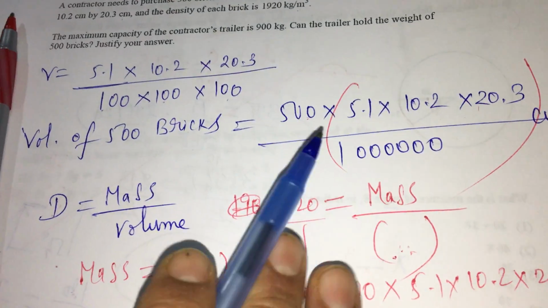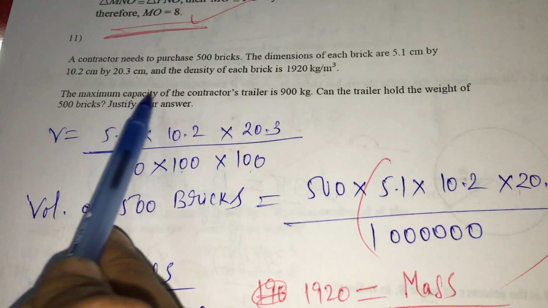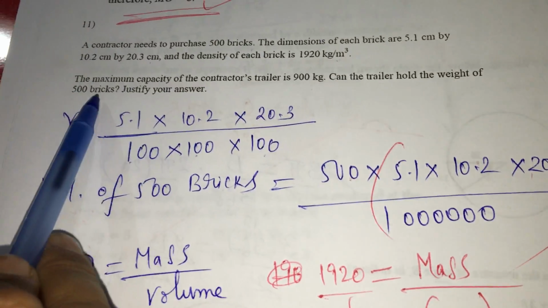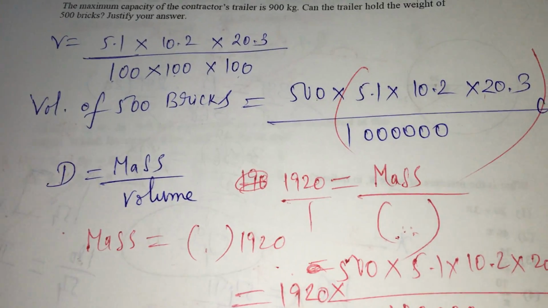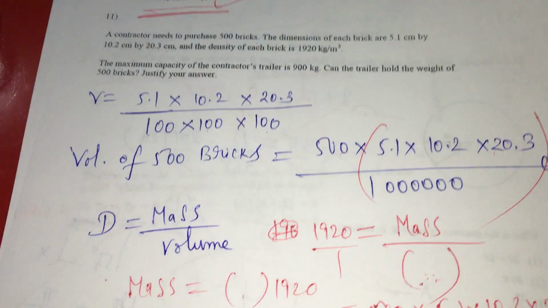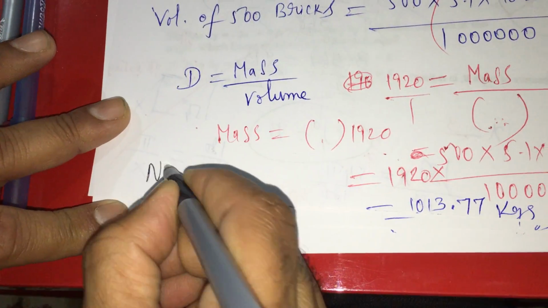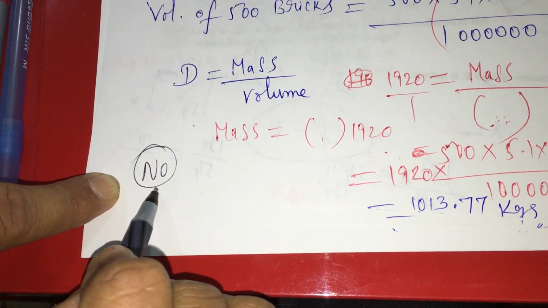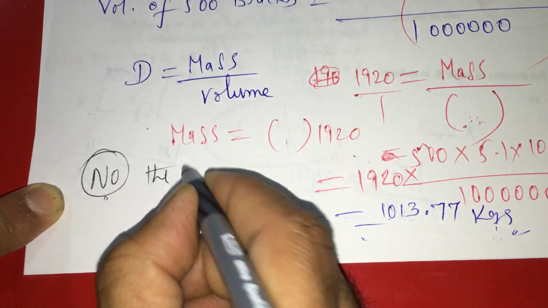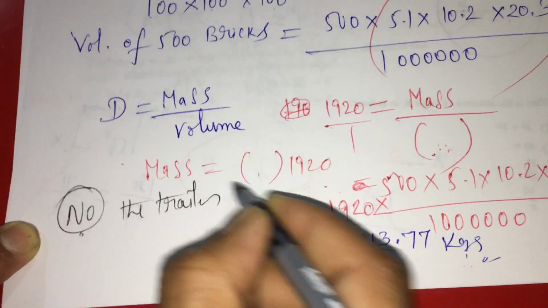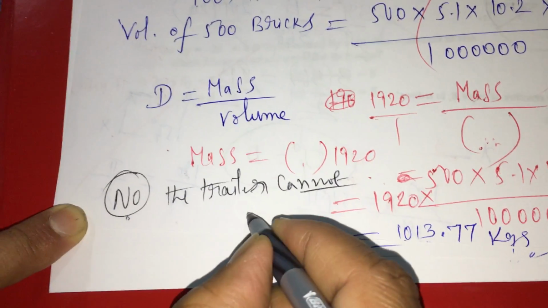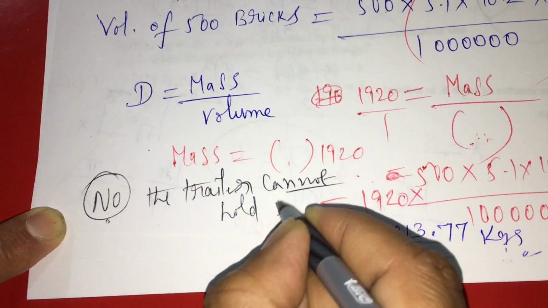But here the question is, see, the maximum capacity of the contractor's trailer is only 900 kg. Can the trailer hold the weight of 500 bricks? Justify your answer. Since it is 1013, which is exceeding 900, therefore you have to say the answer is no. The trailer cannot hold 500 bricks.